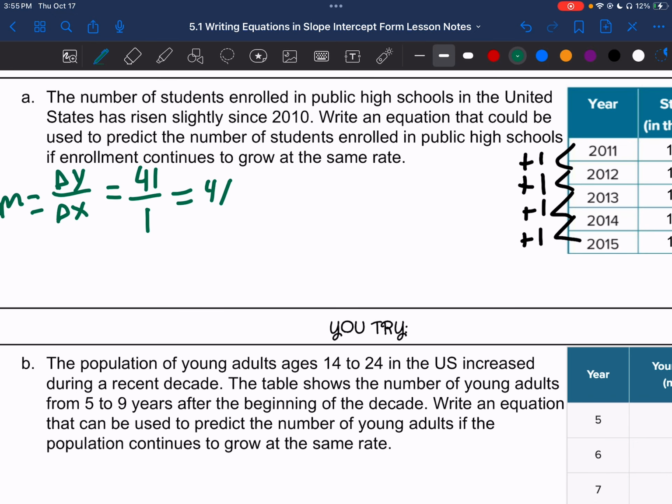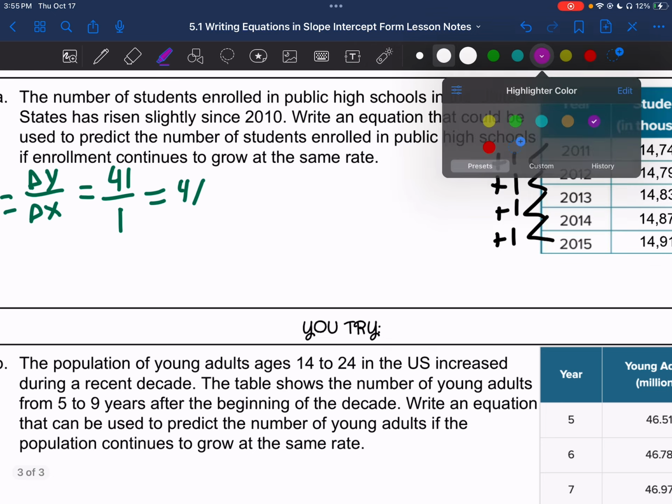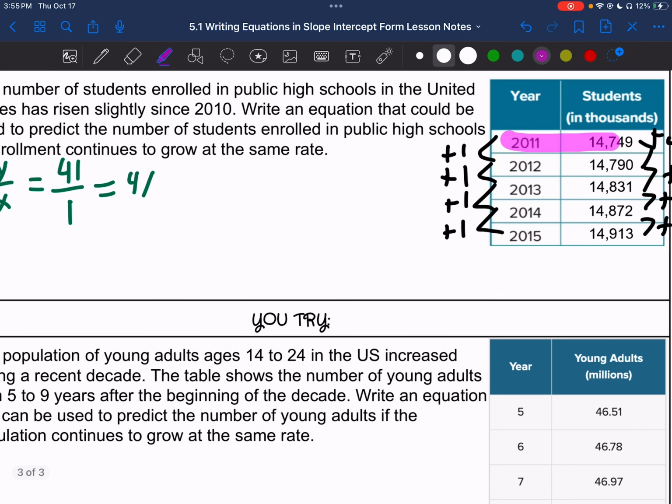Now we need to pick one of these values that we're going to use as our ordered pair. And I might as well just pick the first one here, 2011. So we're going to focus on the fact that we're saying these are the years after 2010.